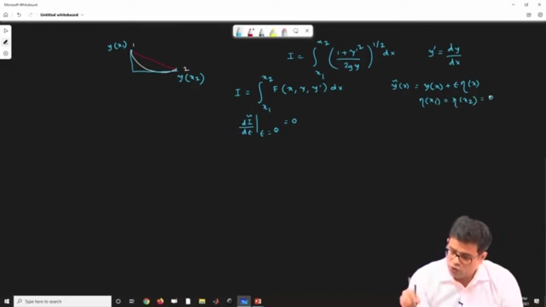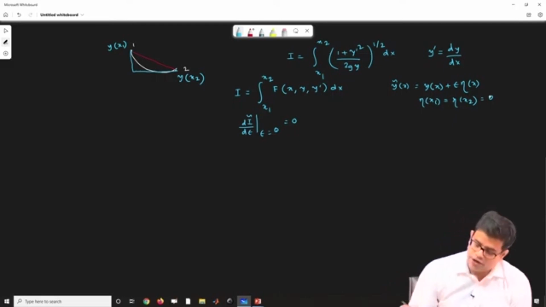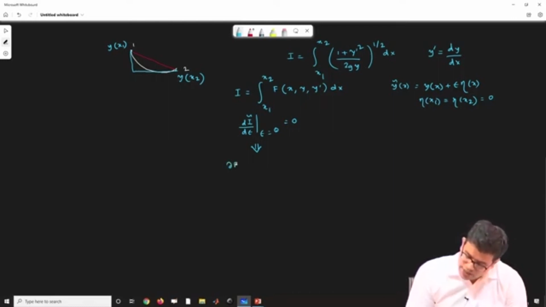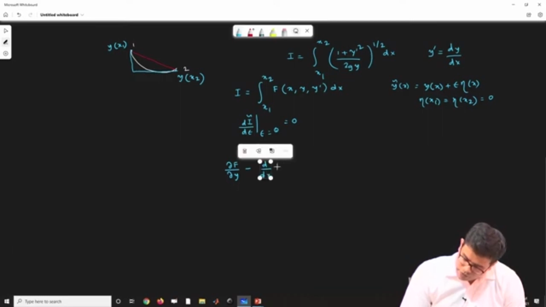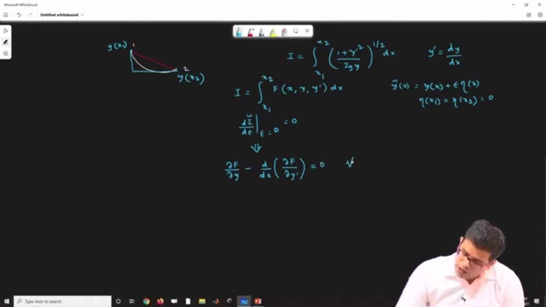So we converted to a scalar minimization and used a simple Taylor series to find the optimal criteria. From this, what we have found is that our Euler-Lagrange equation looks like this: del f by del y minus d dx of del f by del y prime equals to 0, for all eta x.